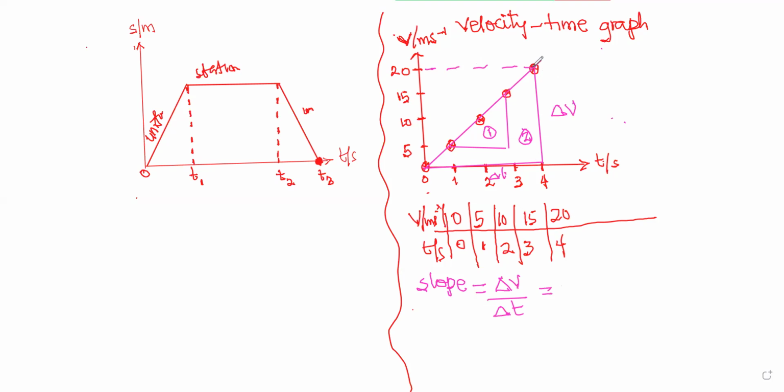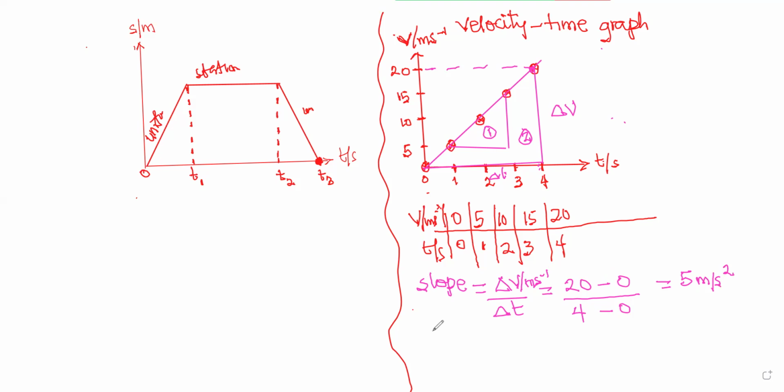The maximum V value is 20 minus 0, divided by maximum T value 4, also minus 0. This is 5, but the unit of this is meter per second. The unit of time is second. So the unit becomes meter per second squared.